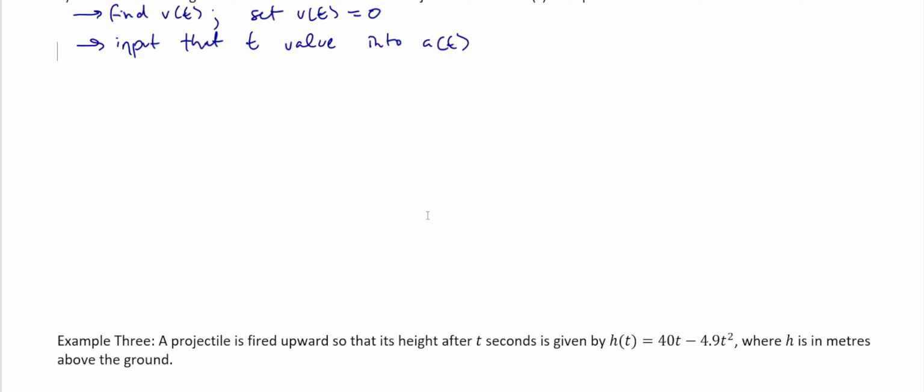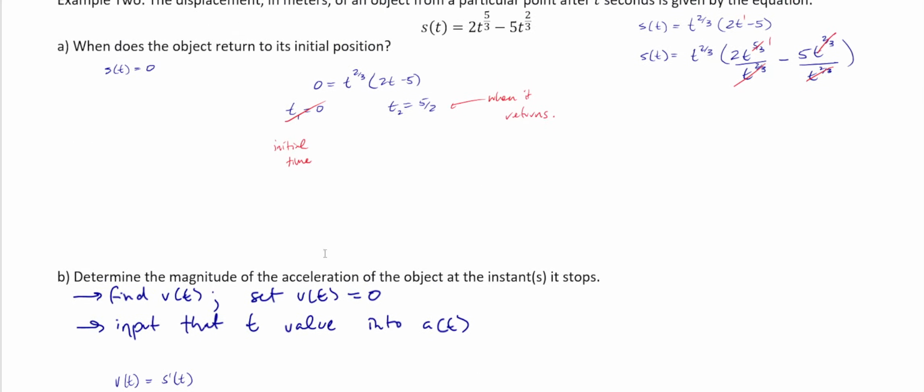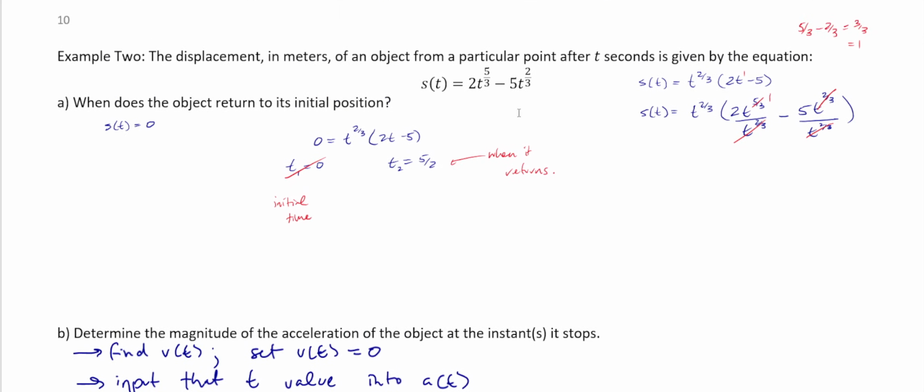So the first thing that I'm going to do here is find the velocity function. So the velocity function, recall, is simply the first derivative of the position or displacement function. So if I go up here, I'm actually going to take the first derivative using this function right here, not the factored form. It's easier to take derivatives of unfactored expressions because you can take advantage of the power rules.